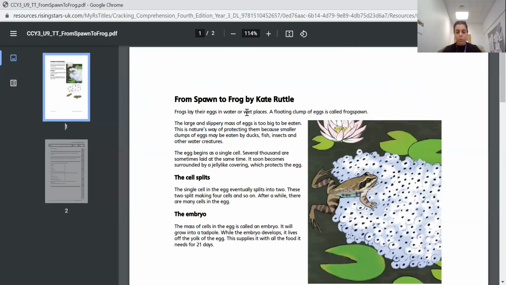Frogs lay their eggs in water or wet places. Remember, if you hear a word that tells you that they are together, I'd like you to write it down. A floating clump of eggs is called frog spawn. The large and slippery mass of eggs is too big to be eaten. This is nature's way of protecting them because smaller clumps of eggs may be eaten by ducks, fish, insects, and other water creatures.